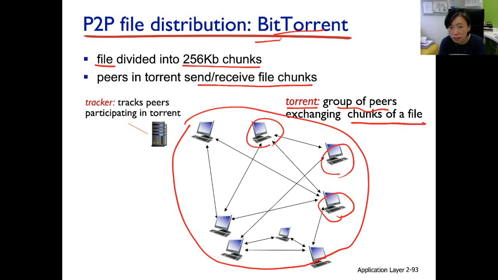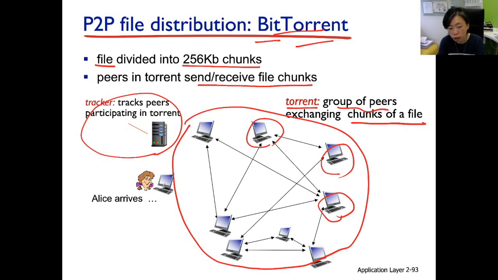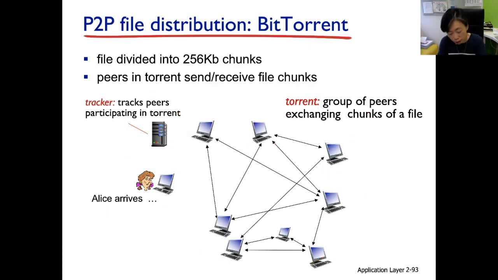So that's BitTorrent. Now, there's one more entity called the tracker. This machine is there to bootstrap the process of a new peer joining the torrent. So when Alice arrives, for example, the system first contacts the tracker, and the tracker in return gives Alice a list of peers.